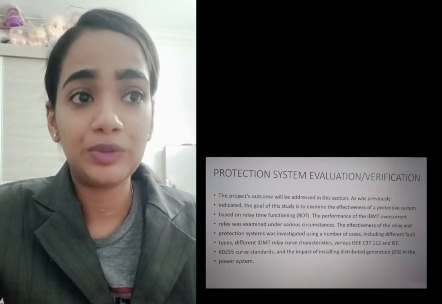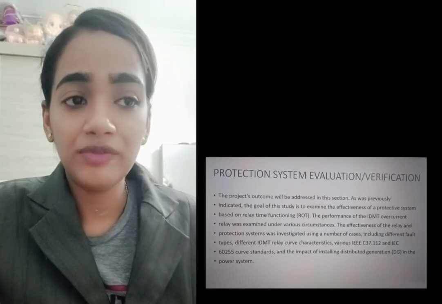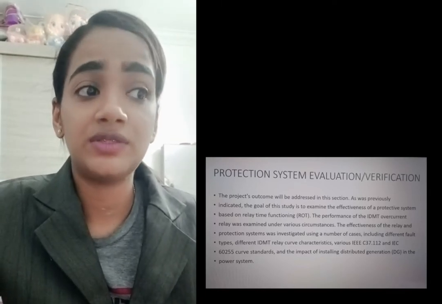Next is the protection system evaluation or verification. The project's outcome will be addressed in this section. As previously indicated, the goal of this study is to examine the effectiveness of a protective system based on the relay operating time, ROT. The performance of the IDMT overcurrent relay was examined under various circumstances.